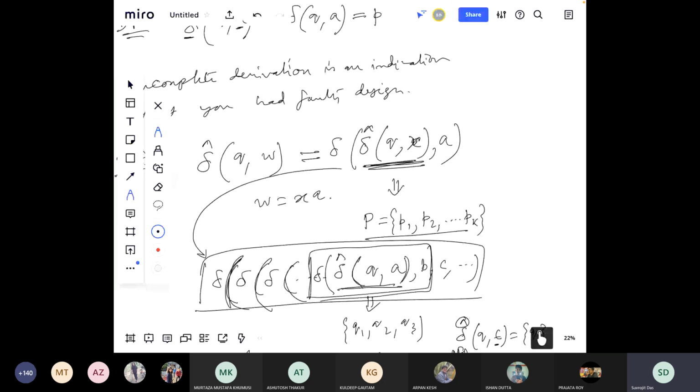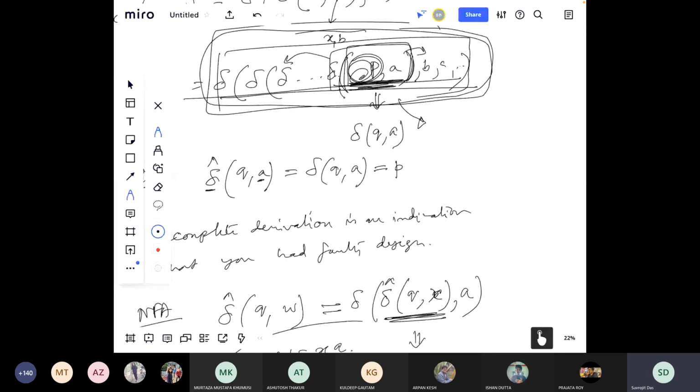In case of a simple DFA, also you did not allow transition on epsilon. So del hat of q comma epsilon for a simple DFA was q, if q was a state, right? On an epsilon you are not allowed to change state and you remain in q. In case of normal NFA, also you were not allowed to change on epsilon, you started at q, you remain at q.